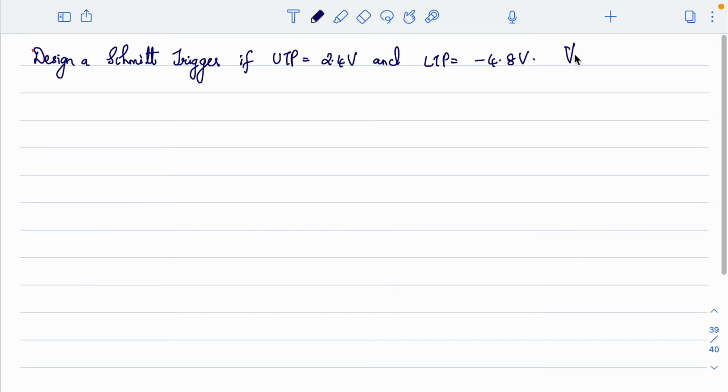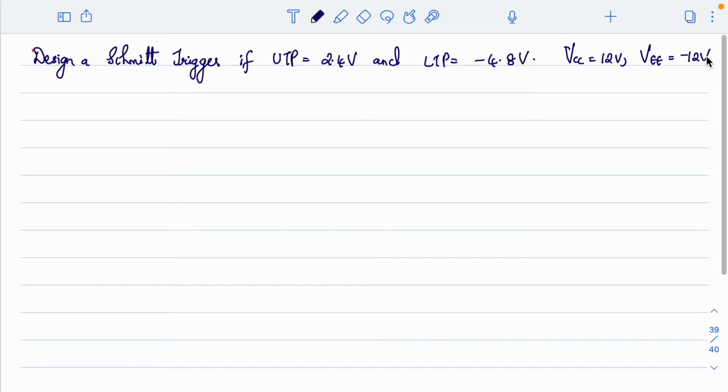Again, assume that VCC is 12 volt and VEE is minus 12 volt. So can you think on this question where I need a positive UTP, like the UTP is 2.4 and LTP is minus 4.8, two different voltages, right?